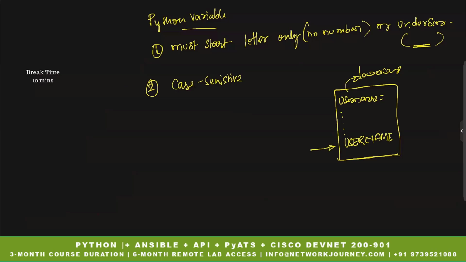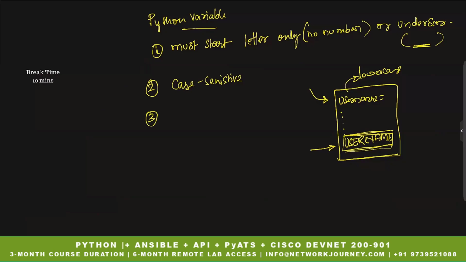It will say undefined username. The reason is variables are case sensitive. You need to use the same lowercase over here. If you make that mistake, you get an error. So they are case sensitive.